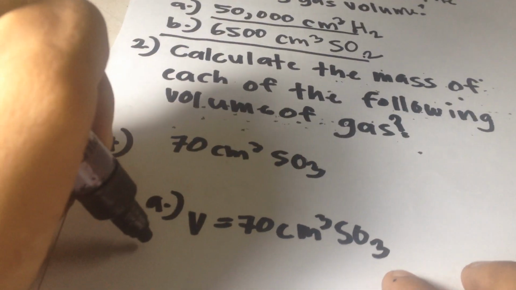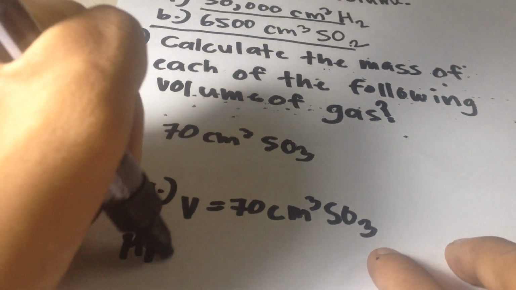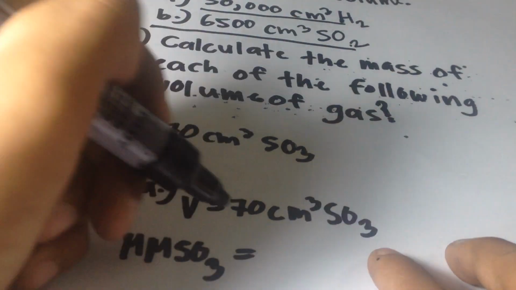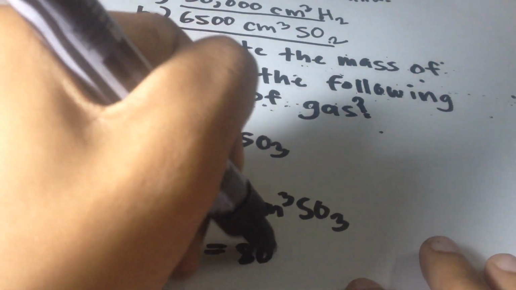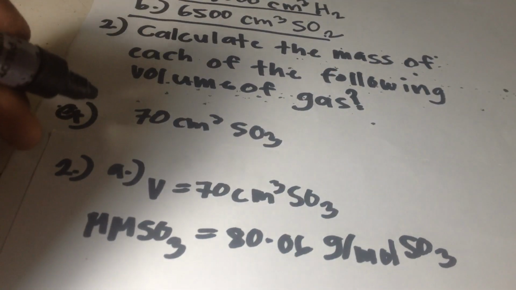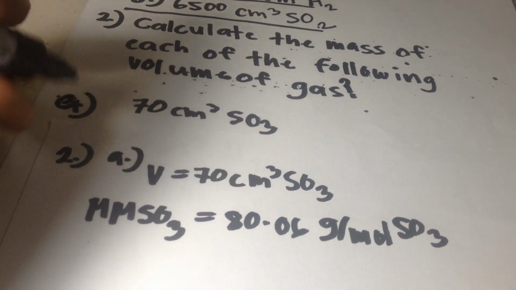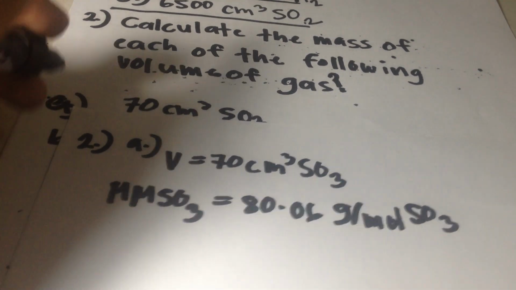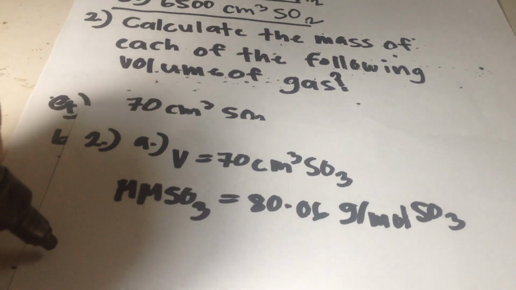So the molar mass, the molecular mass of sulfur trioxide is equal to 80.06 grams per mole of SO3. And then we need to find the mass of SO3.